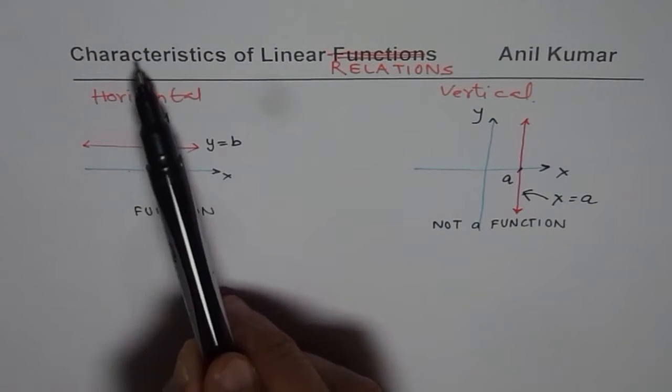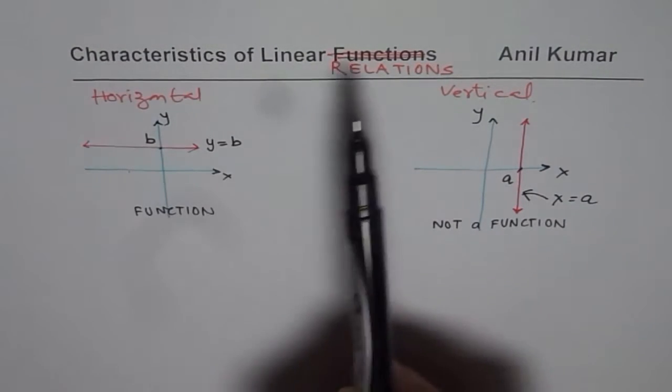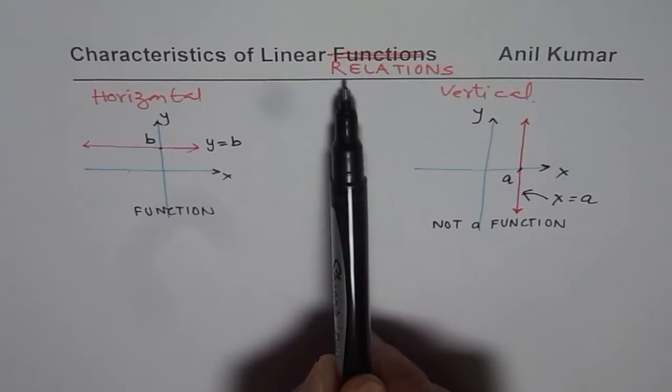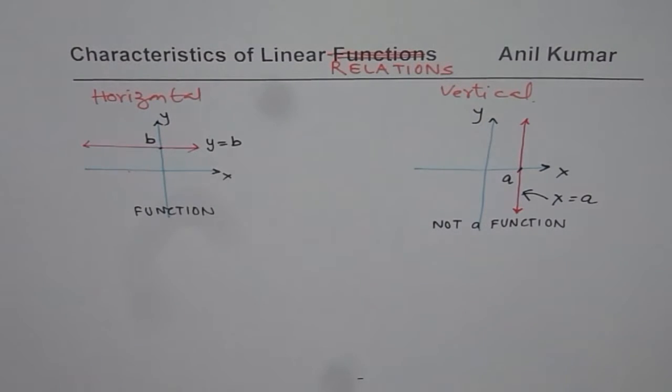I first wrote this as characteristics of linear functions, crossed functions out, and wrote relations. You will never forget now. You'll remember that linear relations could be functions and may not be functions. Vertical lines are not functions, correct? So that is one thing which we understand.